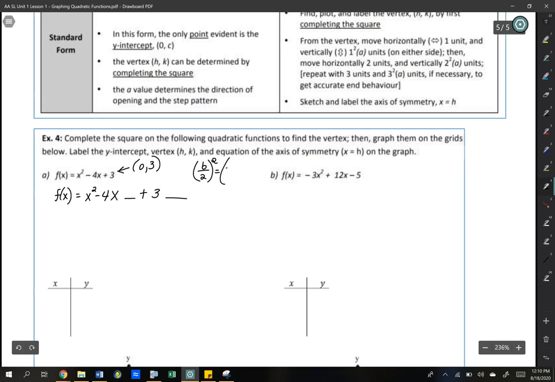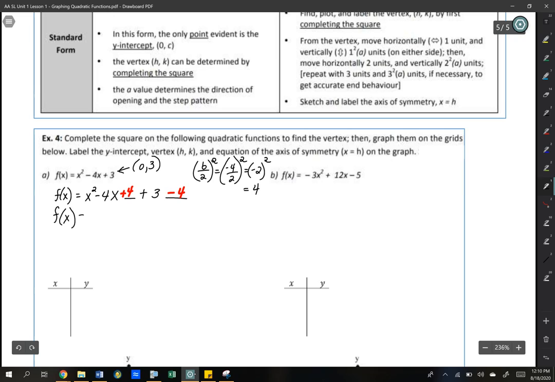So that's going to give us (negative 4 over 2) squared. That's going to give us negative 2 squared. So our complete the square number is 4. So we're going to add 4, and to balance it, we're going to subtract 4.